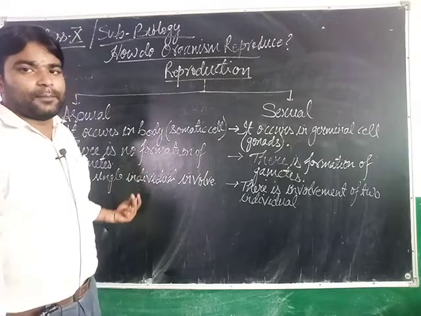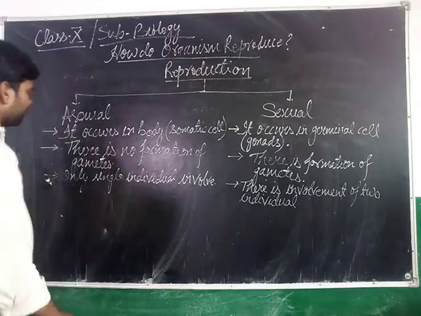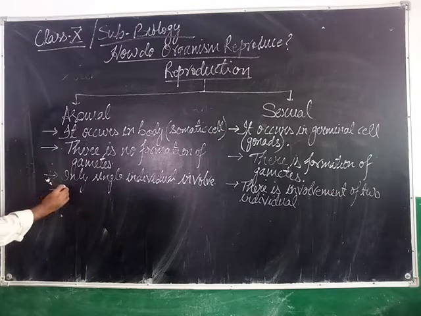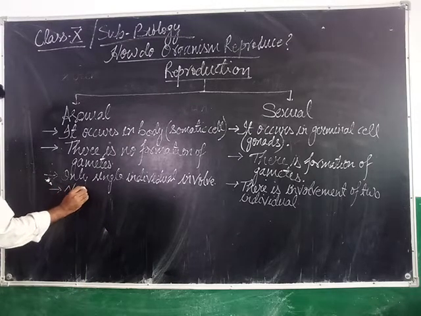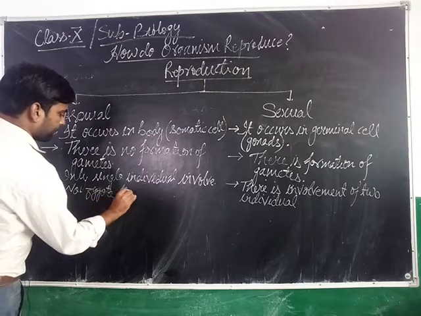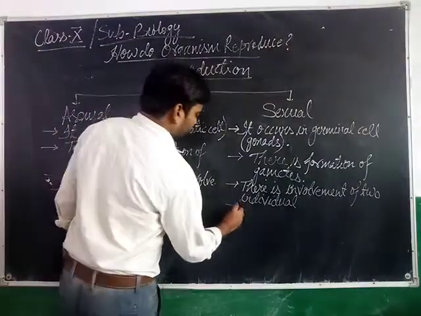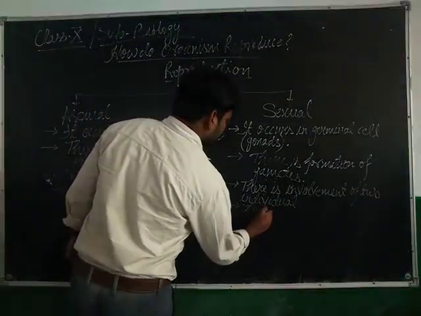But if gametes are not produced, then there will be no fusion of male and female gametes, so there will be no zygote formation. In asexual reproduction, no zygote is formed.